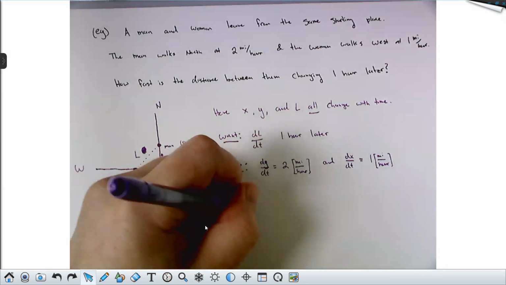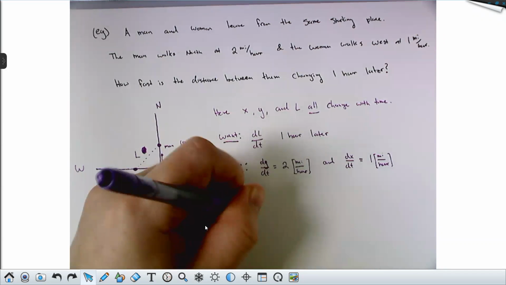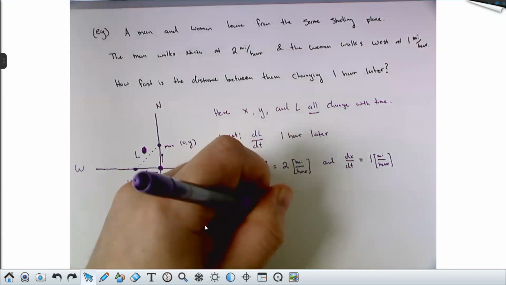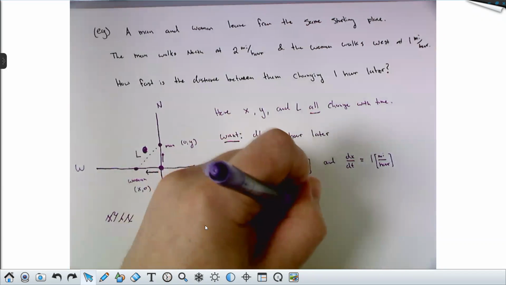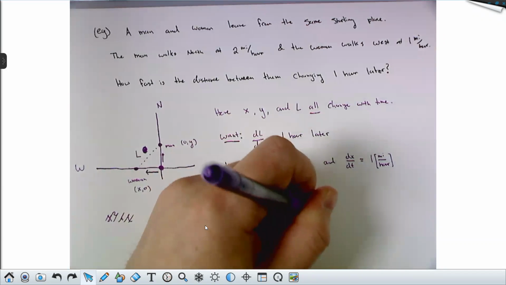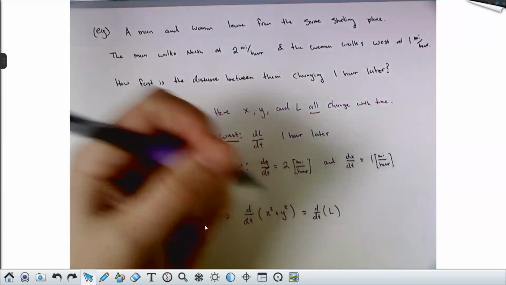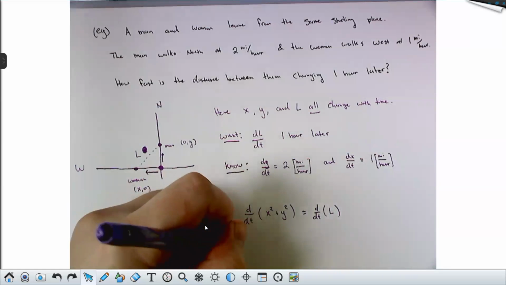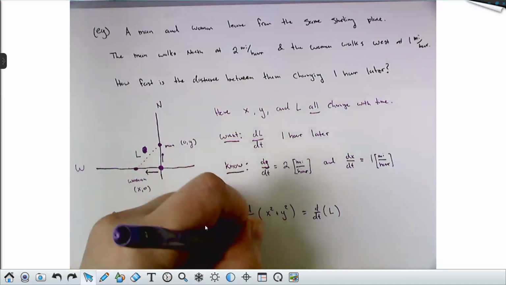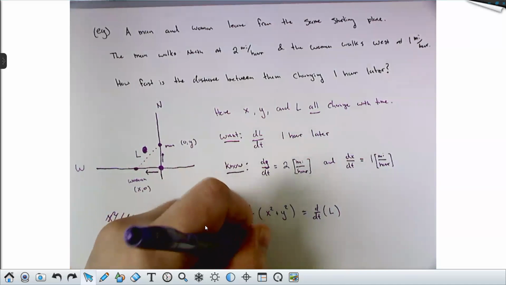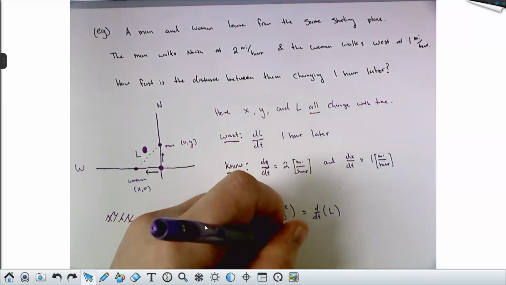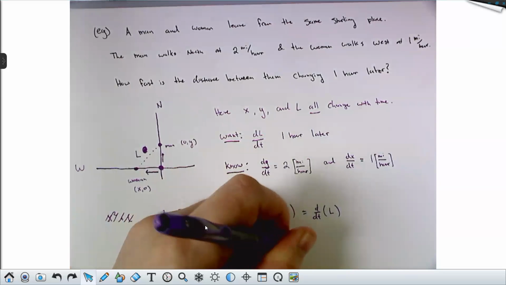So if I apply the operator d/dt to both sides, d/dt of x squared plus y squared equals d/dt of L. The left-hand side will become 2x times dx/dt plus 2y dy/dt.